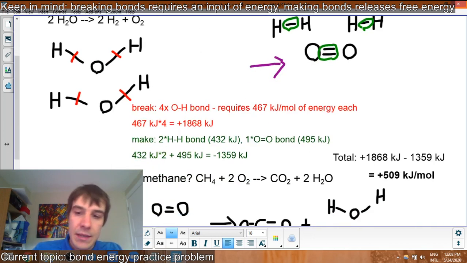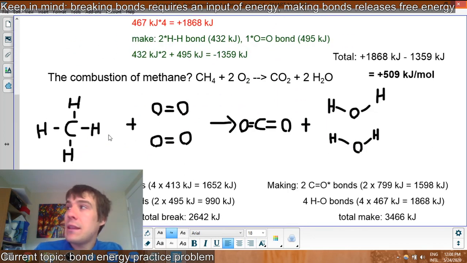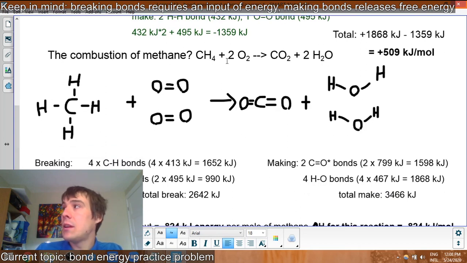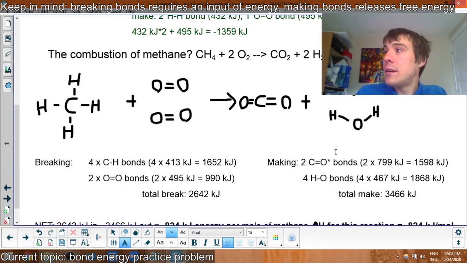And yeah, that's that. Here's an example for methane, where we take CH4 and O2, and we're making CO2 and H2O. And we have a more complicated thing. 4 CH bonds, 2 oxygen-oxygen double bonds. That's what we're breaking. The total that we're making, 2 carbon-oxygen double bonds, but they're the special carbon dioxide ones, so 799 kilojoules.